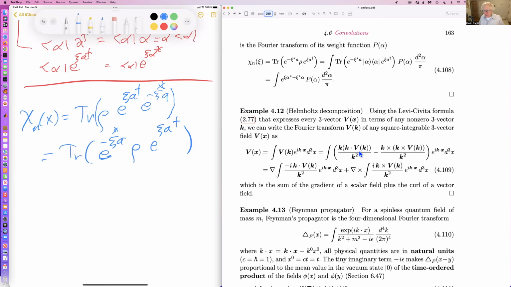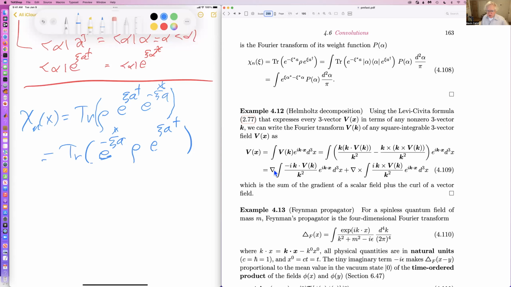You can write any three-vector in this form: k dot V times k over k squared, and then k cross V over k squared. And the magnitude of k cancels here. And on the other hand, k is minus i gradient, and the same thing over here.